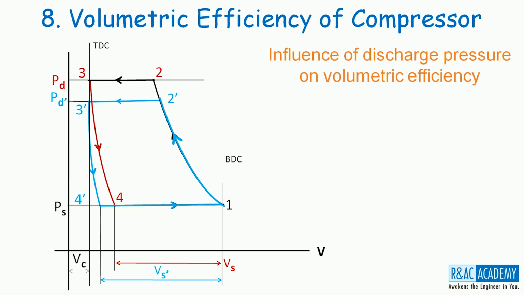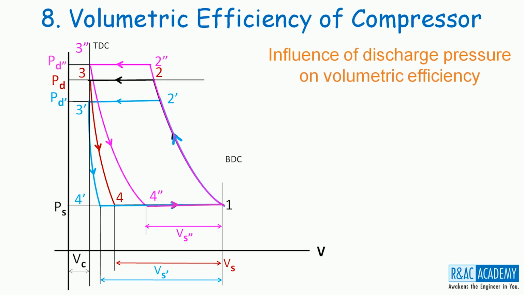Let us now increase the discharge pressure from Pd to Pd double dash. That means the cycle is now operating between Ps and Pd double dash. The new cycle will be 1, 2 double dash, 3 double dash and 4 double dash. And the actual volume of the vapor sucked into the cylinder Vs double dash is lesser than the baseline value.